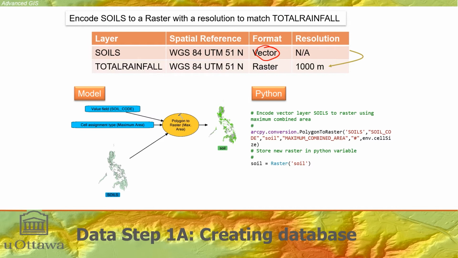So in this case, we can use the polygon to raster tool, and we'll use the maximum area. So the maximum area or maximum combined area determines how soils will be aggregated to 1,000 by 1,000 meters, the 1 square kilometer cell size.